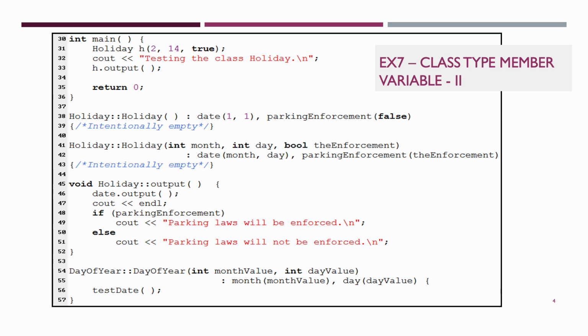The date 1, 1 part is where the day of year object date is initialized to January 1st, which is crucial since this ensures the object is properly set up when the holiday is created.